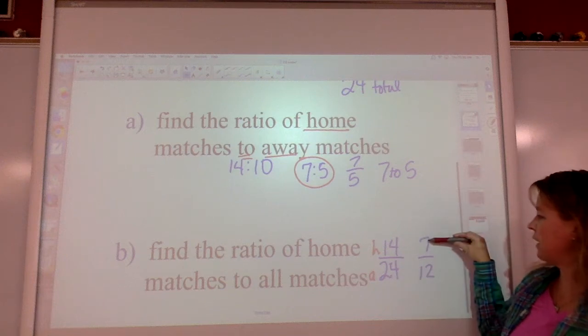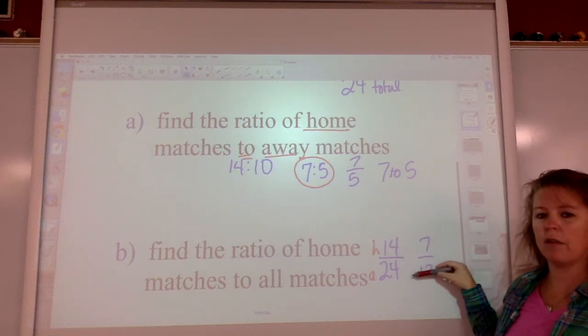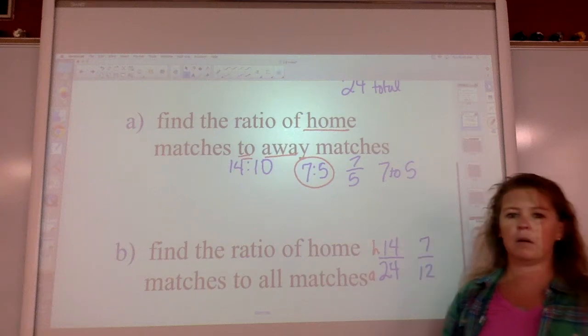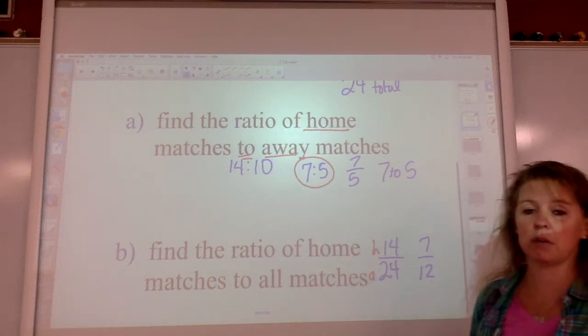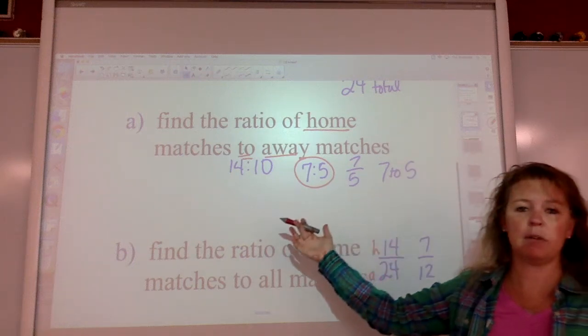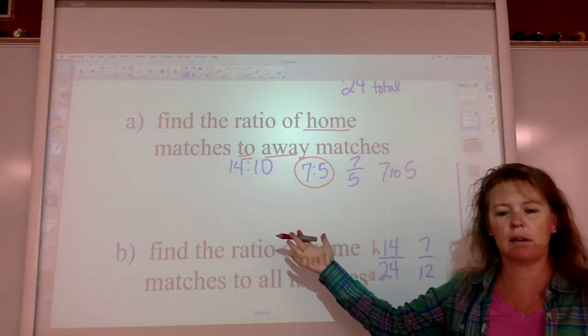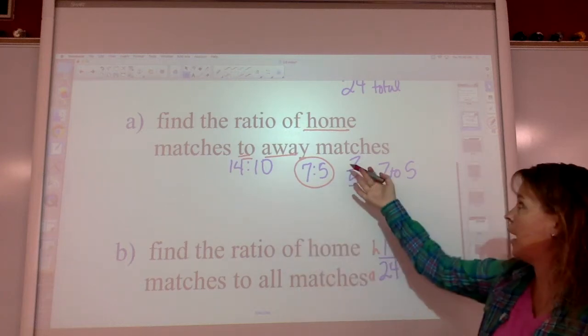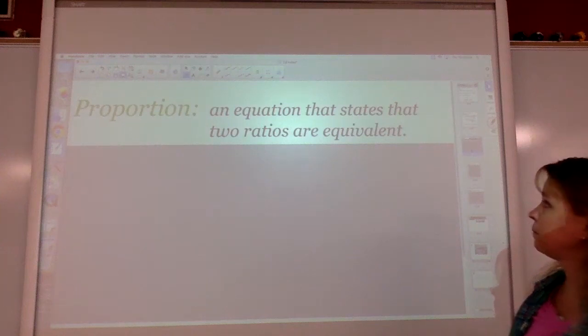It says for every 7 there's home, there's 12 of them all together. You have to put it in order for it to be counted as correct. So be careful on that. It's not meant to be a trick question, but every time I throw out a daily quiz and it'll say this, you'll write it backwards and not pay attention to the order given.